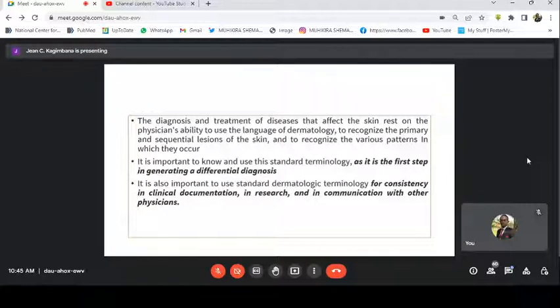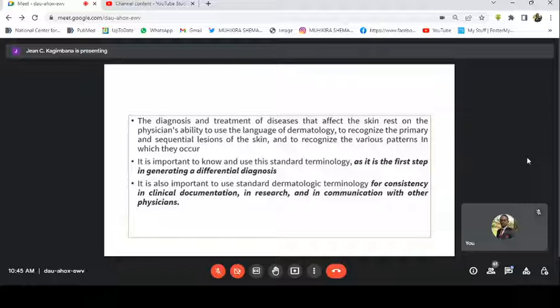I have to describe the patient's lesions using good and proper terminology to help the other physician I refer this patient to recognize the primary lesions the patient had.